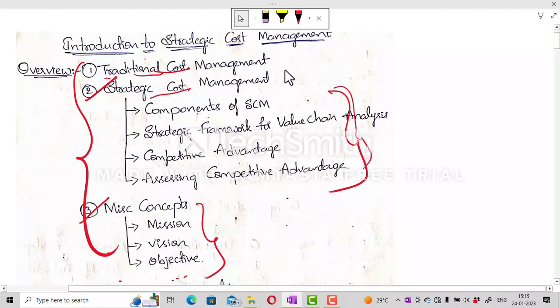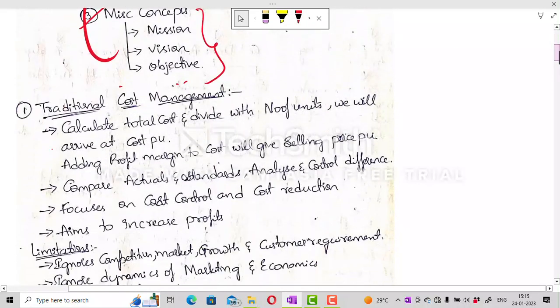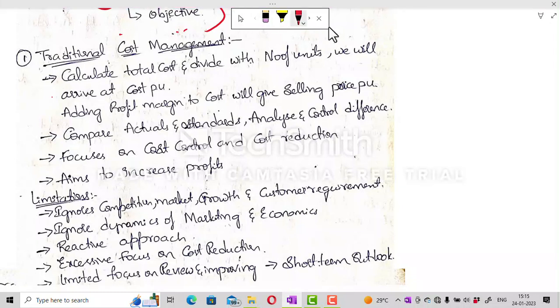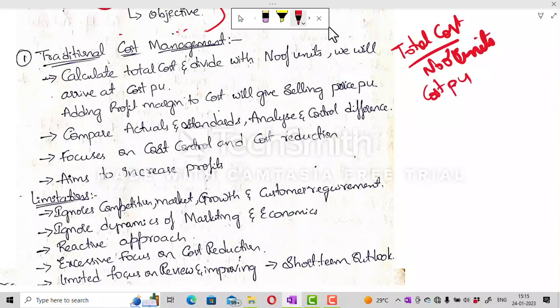And coming to traditional cost management, previously we needed to calculate the selling price by dividing the total cost by the number of units. We will arrive at the cost per unit. Adding a profit margin will give you the selling price.